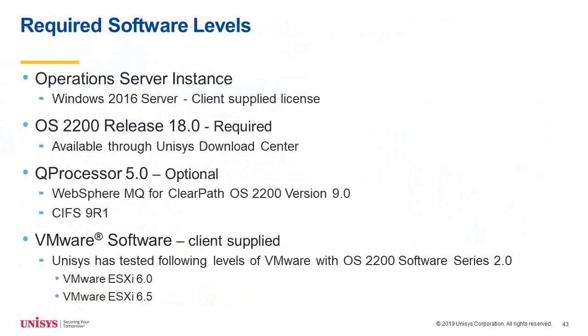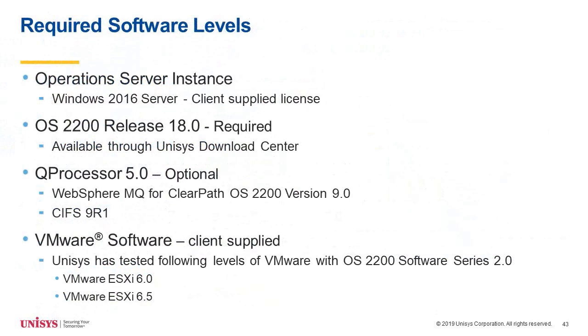From a software level perspective, again, the operations server requires a Windows 2016 license. That's now part of a client-supplied deliverable. We don't ship an operations server, so we can't ship along Windows to go with it. The OS 2200 software series works with release 18.0, which is available through the Download Center, as we discussed.